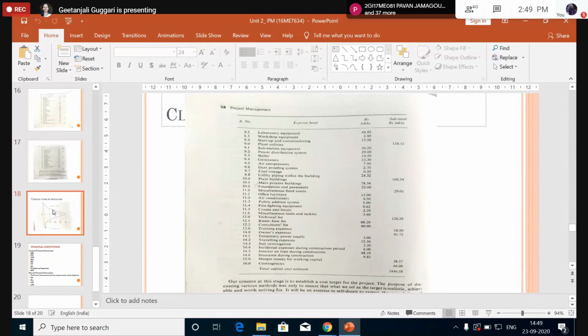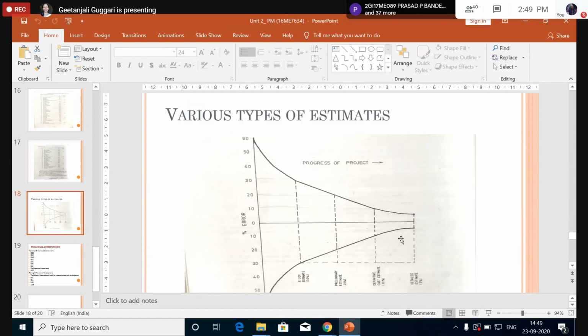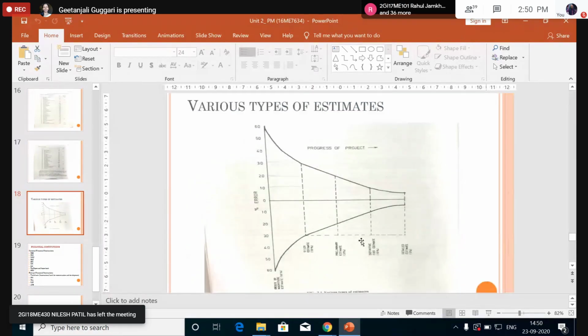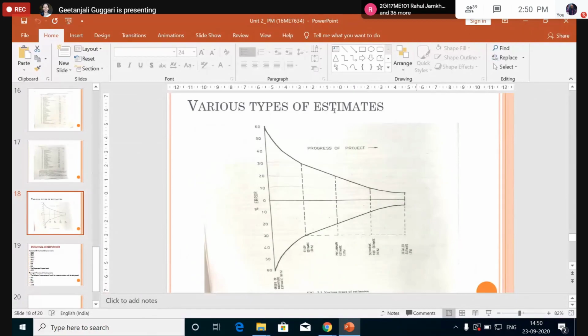So with this graph, just one second. You are able to see the graph. So whatever accuracy level I was talking about, the various types of estimates we have seen. The first cost estimation is order of magnitude.